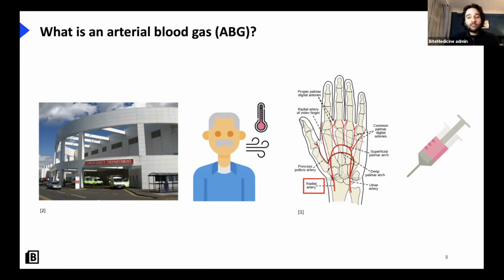You're going to be doing an arterial blood gas on them, and your role is to know how to interpret that blood gas. And then we're going to work through a bunch of other cases as well, working from the absolute basics to really complex stuff. So bear with me if you think this stuff is too basic, but we all have to start somewhere. So let's start from the basics and work our way up.